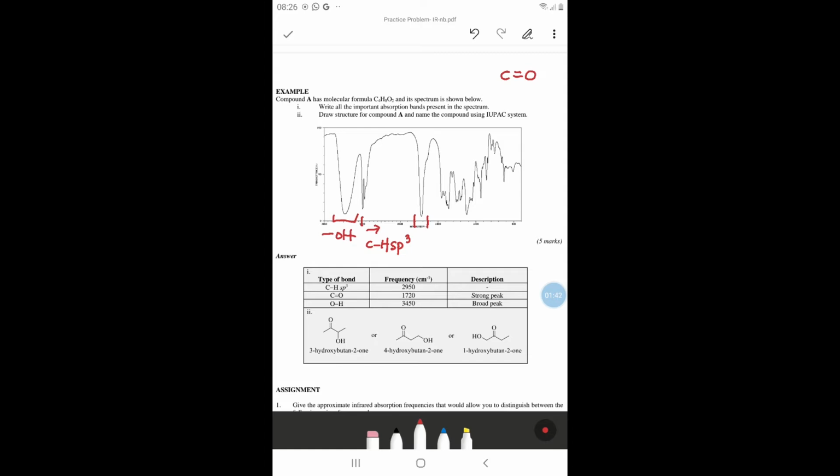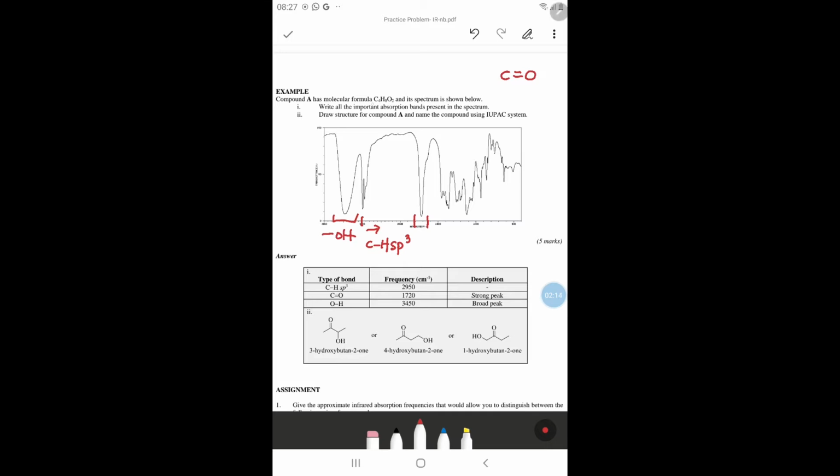But if you have CH sp2, you need to look around 1600 something, which belongs to C double bond C. Same goes when you have CH sp, you need to look whether you have C triple bond C, but it depends whether your alkyne is symmetrical or unsymmetrical. So now you have C double bond O, but you don't know which class of compound it belongs to, and now you have OH.